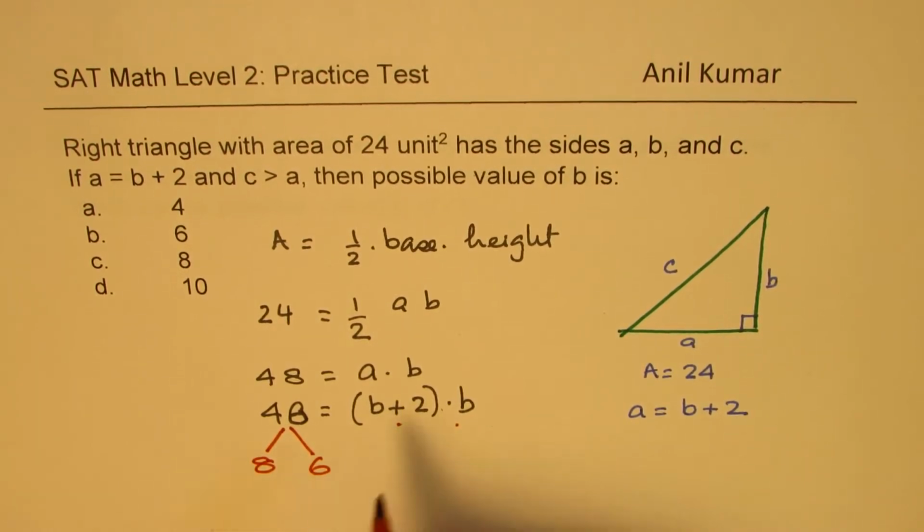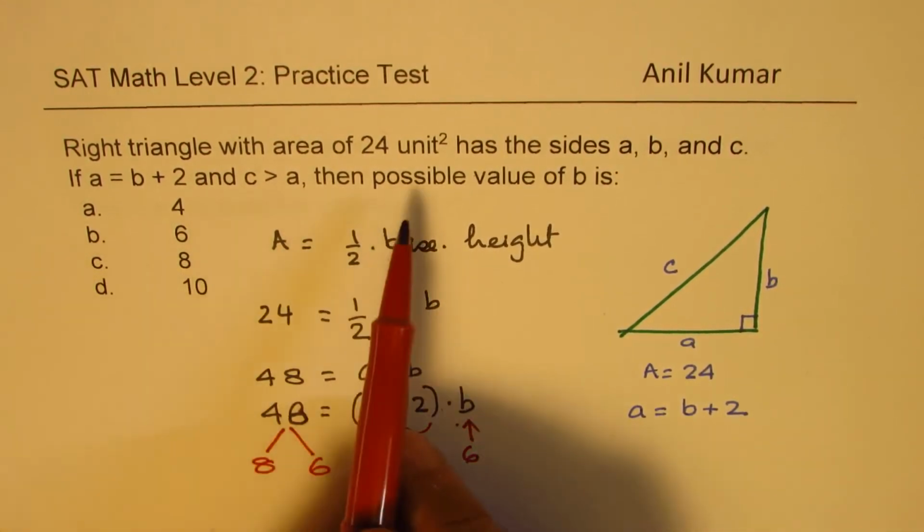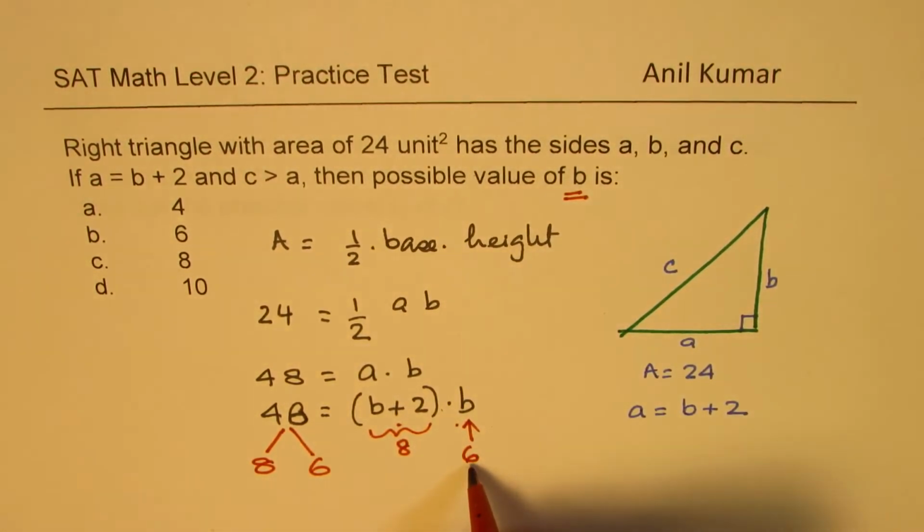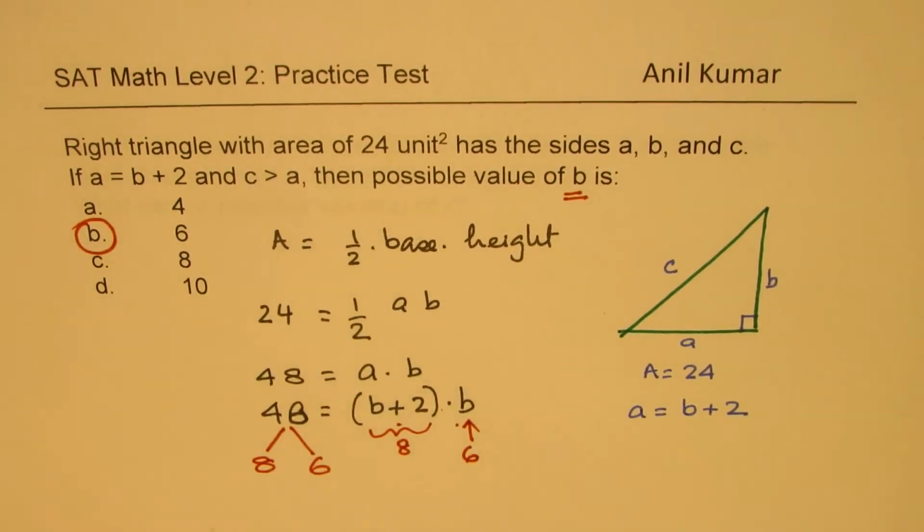So 8 and 6 are those numbers, right? So this becomes 8 and that becomes 6 for us. We want to find the possible value of B, right? So B is 6 for us, clear? So we get 6 as our answer, right? Possible value of B we want. So we get B, which is the smallest number amongst these three, as 6.